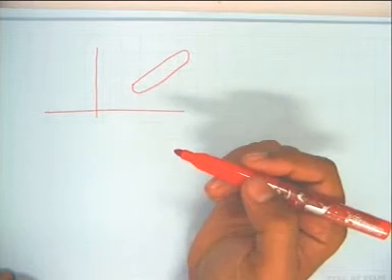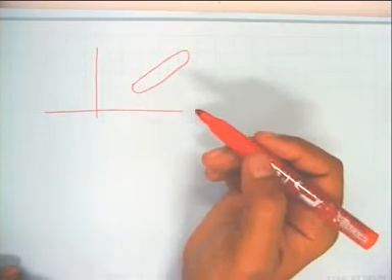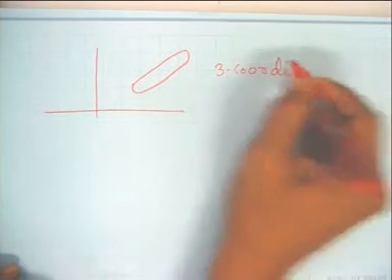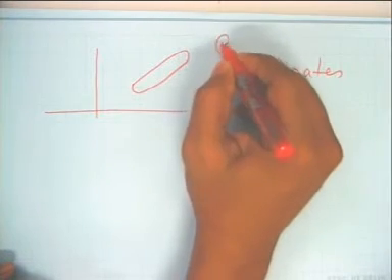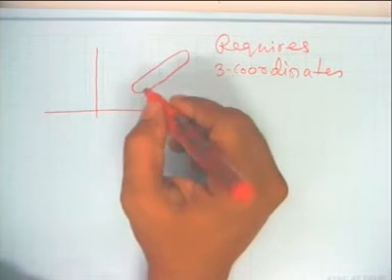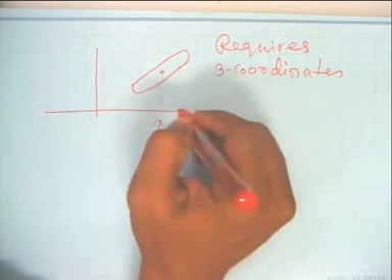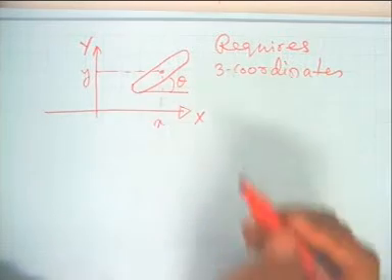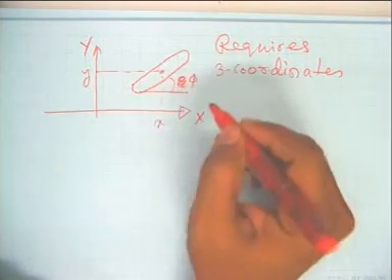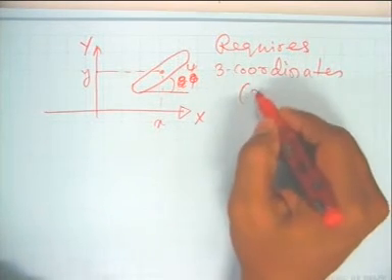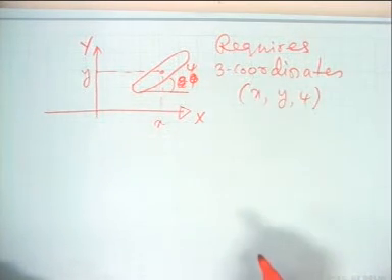If I want to find its motion, I know that this requires 3 coordinates. Which are the coordinates? Maybe x and y. Let us say this is capital X, this is capital Y, so small x, y, and this angle is theta, or let us say psi. So the 3 coordinates could be x, y and psi.